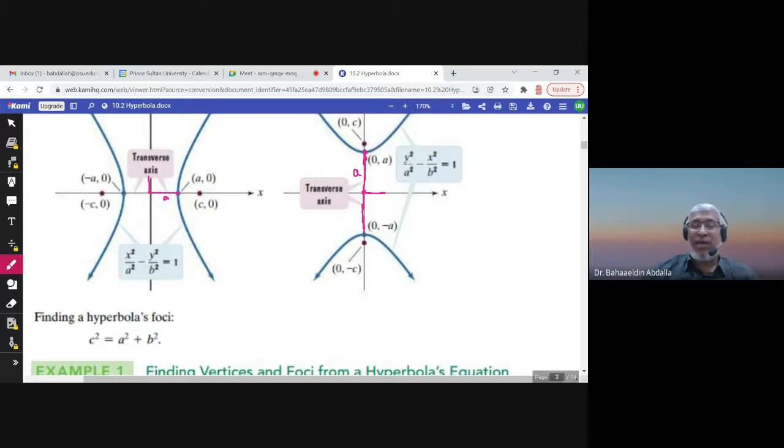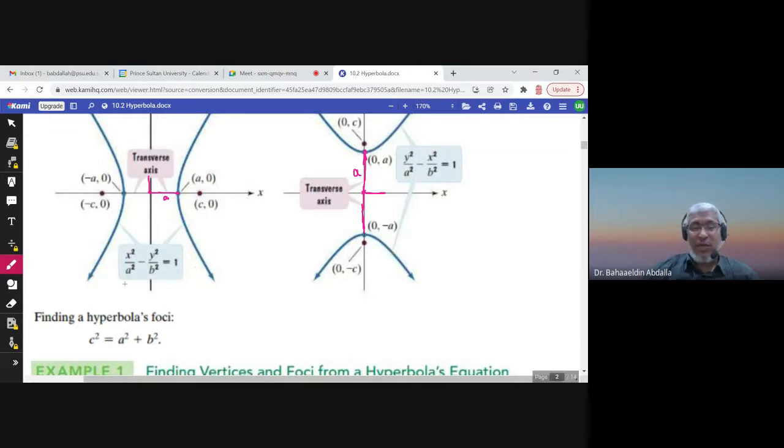Whether it is horizontal or vertical, a squared is always written in the first term, not like the ellipse. And so if you have x squared positive, then the hyperbola opens right and left. If you have y squared positive, then the hyperbola opens up and down, and it's vertical.